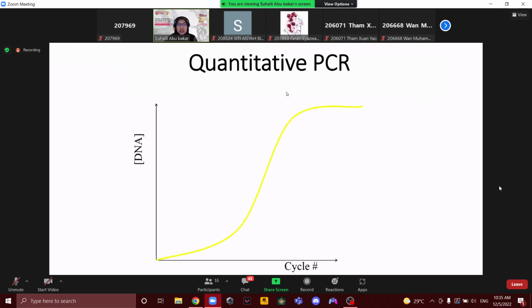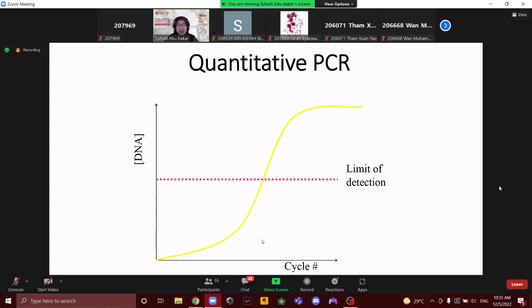Alright, so this is once again quantitative PCR. Okay, instead of from here you start seeing the amount, but actually it starts somewhere here, somewhere here, somewhere here. This is the standard. So it means the limit of detection is from here. This is the standard kan? Standard.